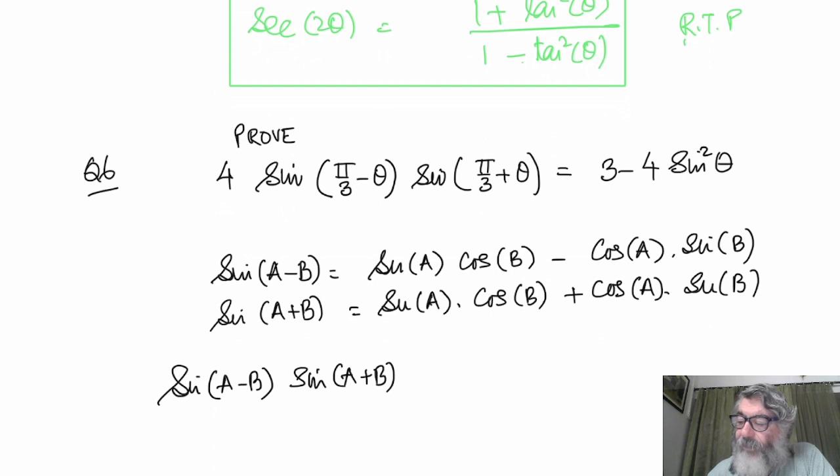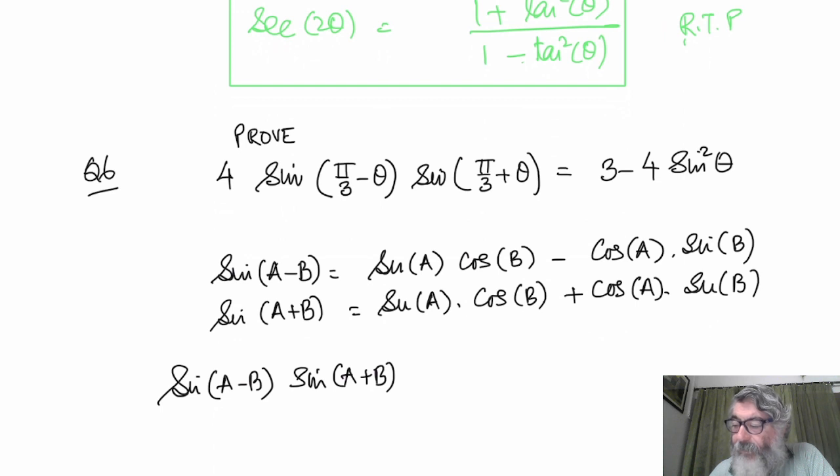The first two terms will give you sine square A cos square B. Then you multiply sine A cos B with the other term, it becomes sine A cos B cos A sine B, and the cross terms will cancel.